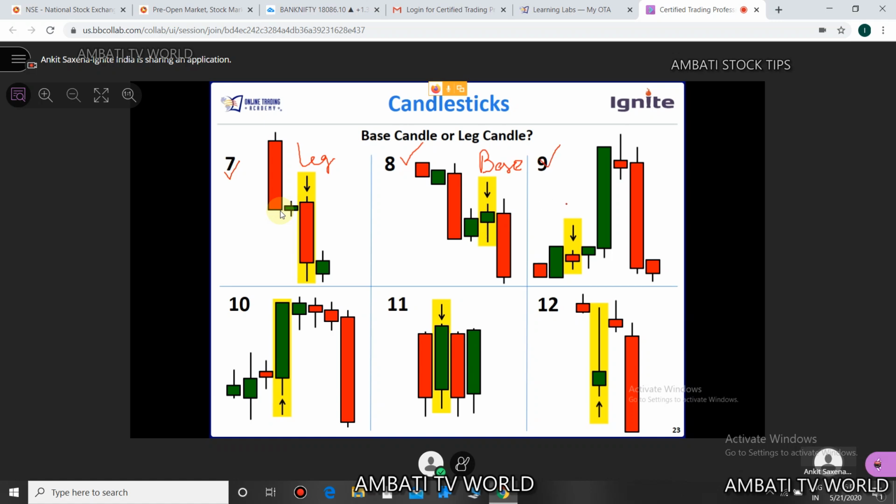Now, ninth picture here. This is again base. Yes, 10th picture. The 10th picture is leg. Yeah, 11th picture, leg. And 12th picture, base. Clear? Everyone?